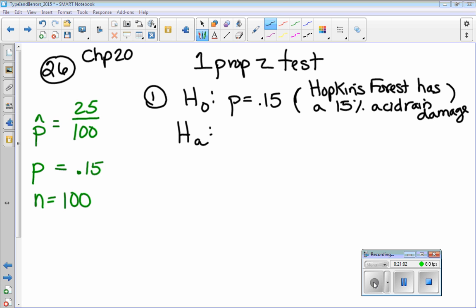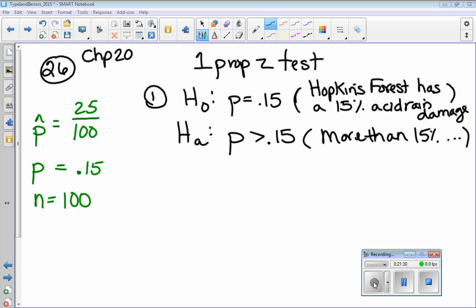So is the proportion of acid rain damage actually greater than the rest of the region? And that's what we would say here. Hopkins Forest has more than 15% acid rain damage.